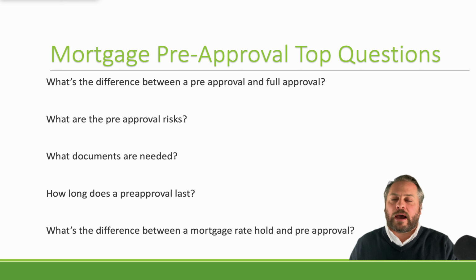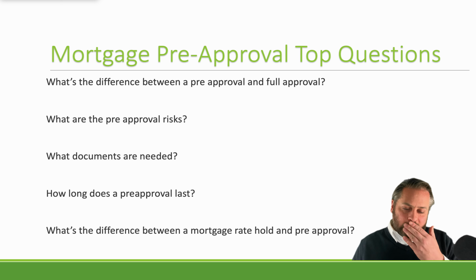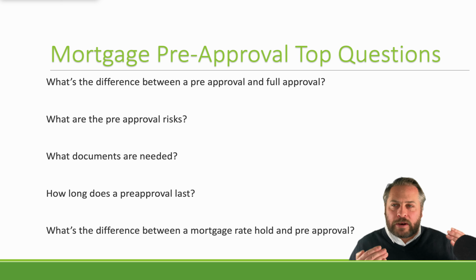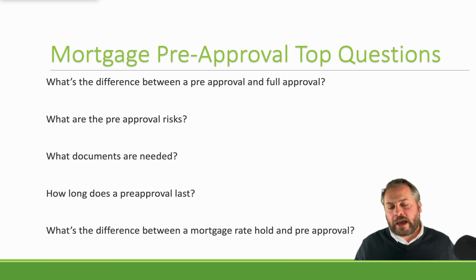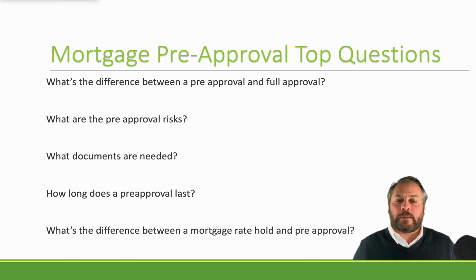We know that we meet the lender guidelines to buy a house, but we don't know what the house is. And so when there's an offer to purchase a house, we take that house information, enter it in the application, and send it off to the lender. The application turns into a full approval once the lender says yes based on that house.